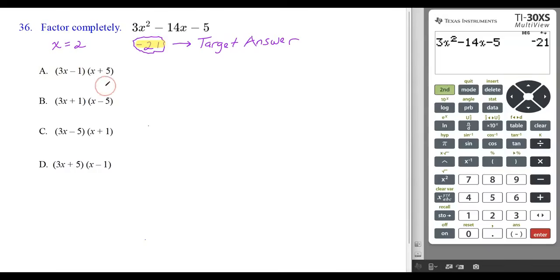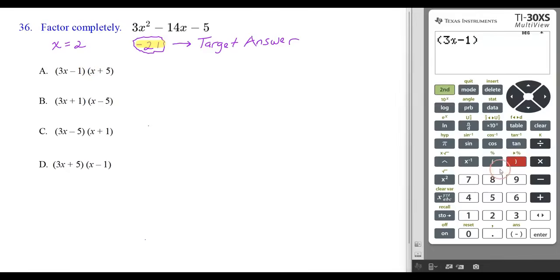Let's punch in answer choice A. I'm going to hit clear. Open parenthesis, 3x minus 1, close parenthesis.